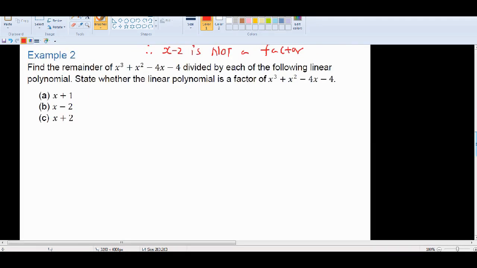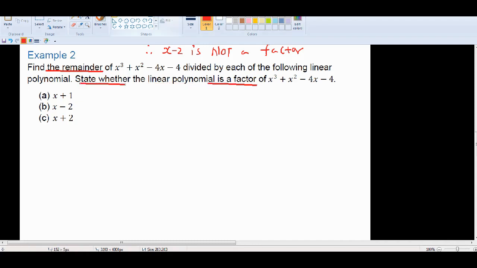So after the first example, can I give you some time to work similarly on this example 2 to see what happens? Again, you need to find the remainder of that polynomial. You need to find whether the linear polynomial is a factor. State whether it is a factor.